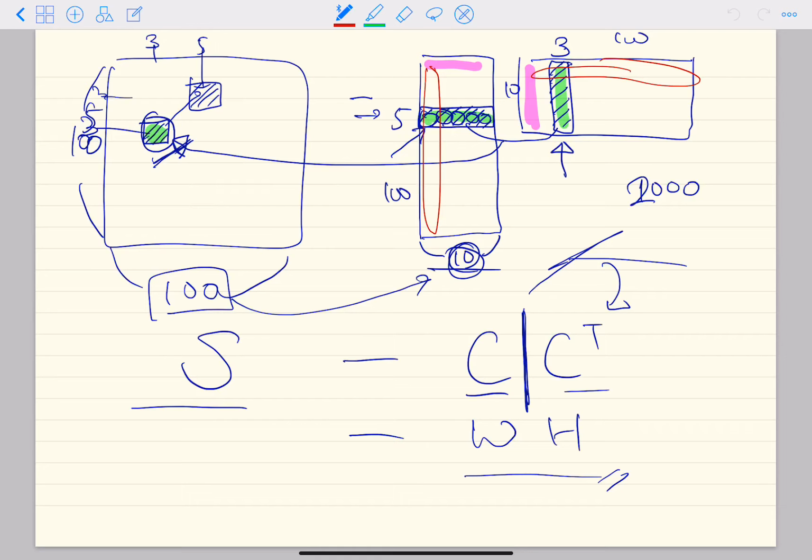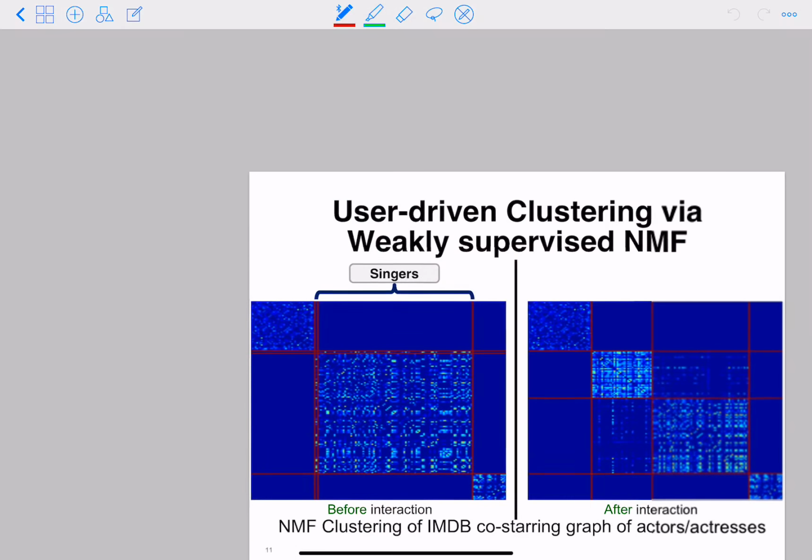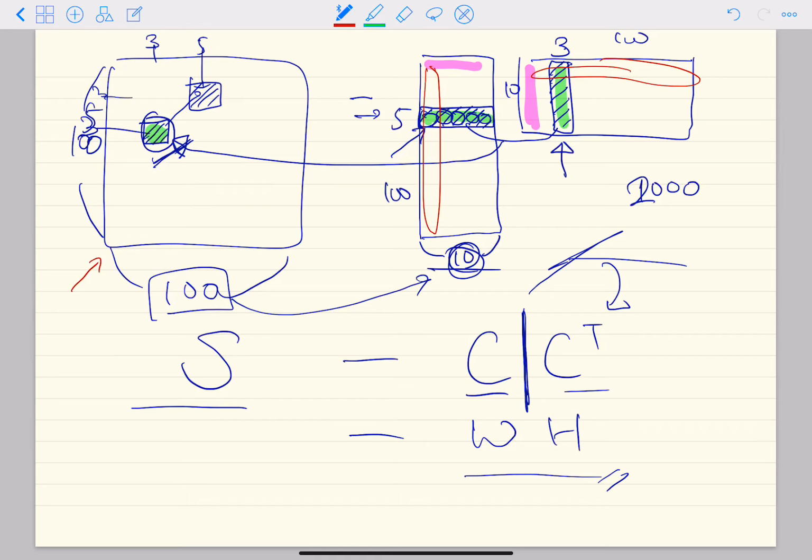We discussed how to obtain the clustering result, and suppose this is an initial clustering result. How do we visualize our clustering result in this manner, given this pairwise co-occurrence matrix? So these two, the third and the fifth person, co-occurred a lot in the same shows, and so those elements will be really high, and maybe this element is high and that element is also high, and so on.